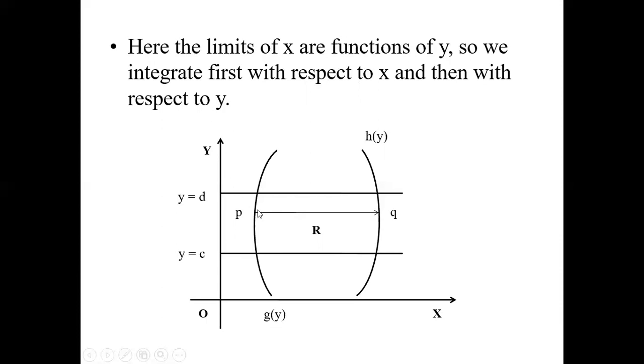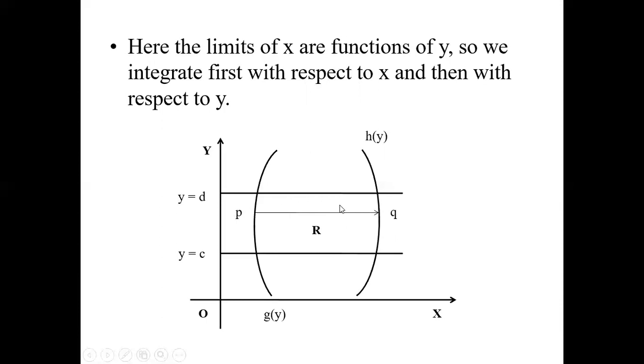This is a strip parallel to the x-axis because you are integrating with respect to x first. The lower end of it lies on x is equal to g of y and the upper end lies on x is equal to h of y. You are taking a strip parallel to the x-axis first.